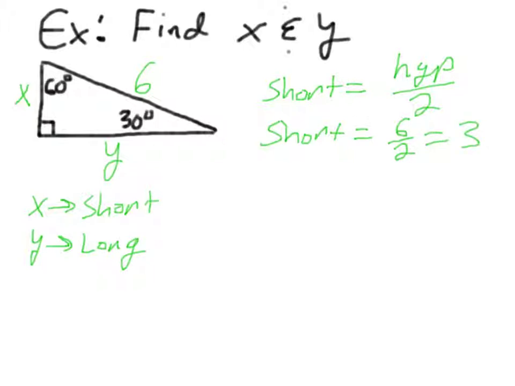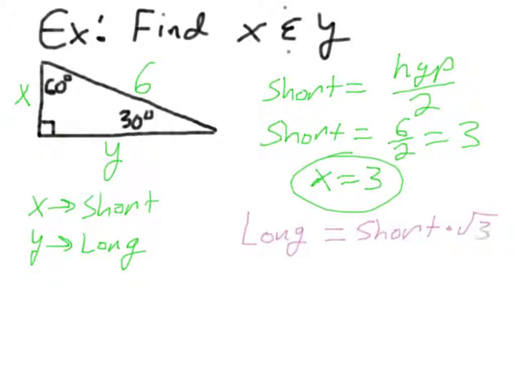So I've got that x equals 3. That's half the battle right there. X is 3. Next, I want to find that long leg. Let's do a different color here. How about pink? So the long leg equals the short times the square root of 3.